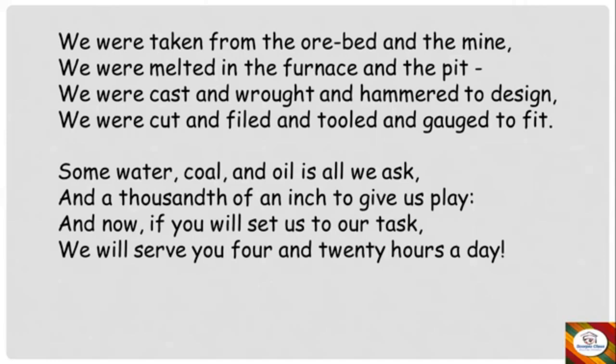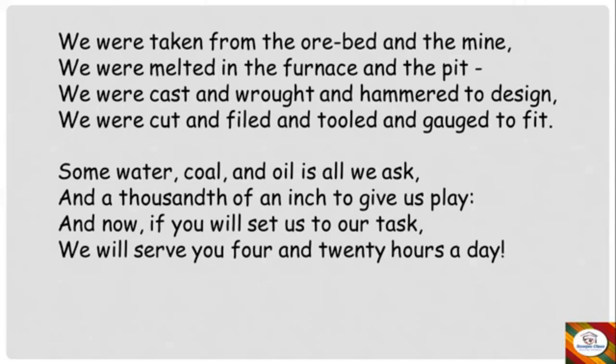Then they say that we were cast and wrought and hammered to design. The ores and the metals are strong, so you need to hit them with the hammer and you have to change their shape to give a particular design. Whichever design you want to give, you have to work on it. Then we were cut and filed and tooled and gauged to fit. Then they were cut into desired shapes.